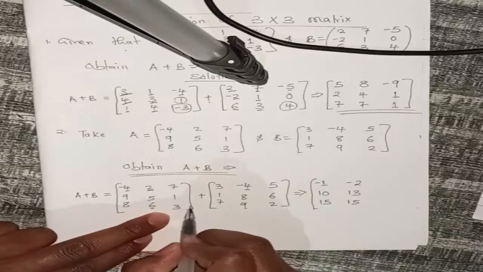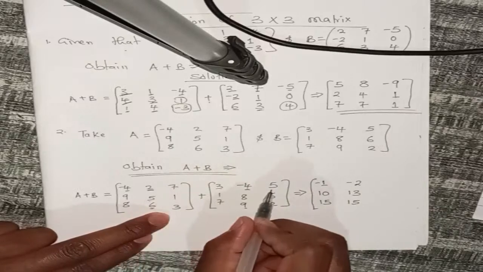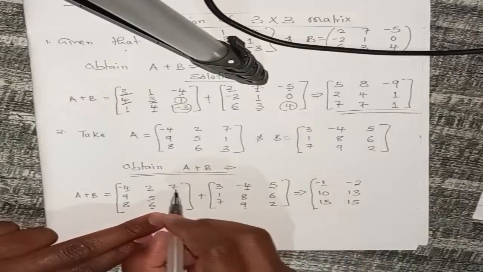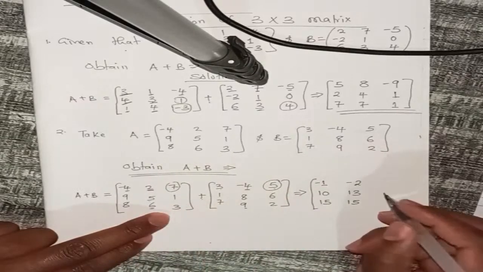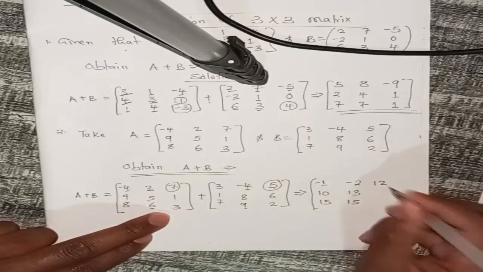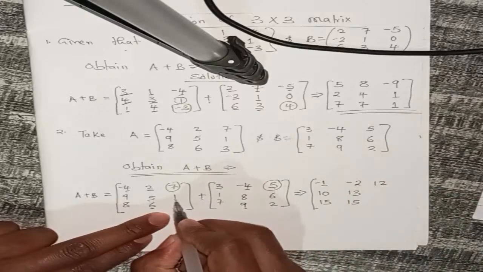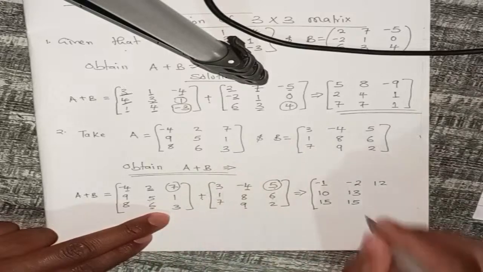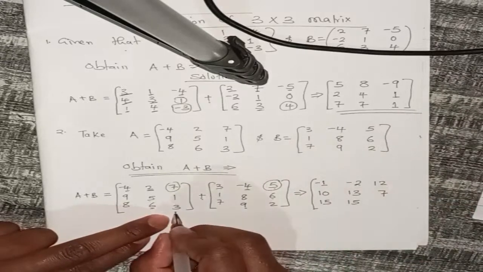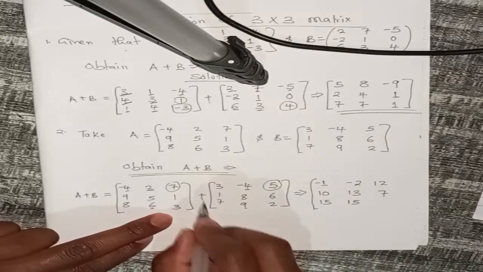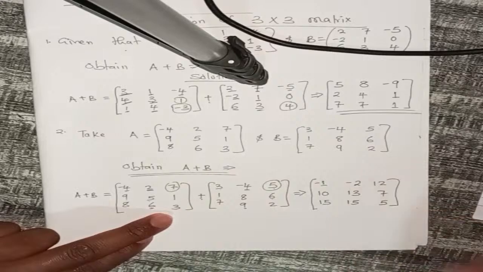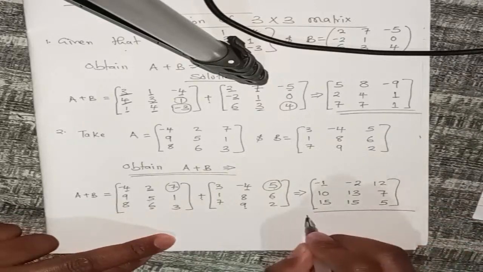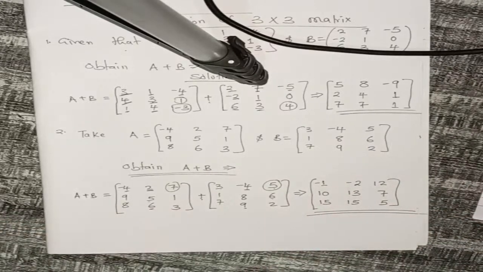Then 7 plus 5, we get 12. Then 1 plus 6, we get 7. Then 3 plus 2, we get 5. And again, this becomes our solution for that part.